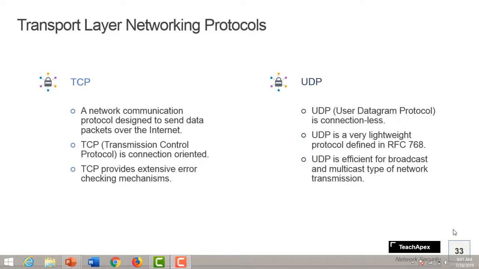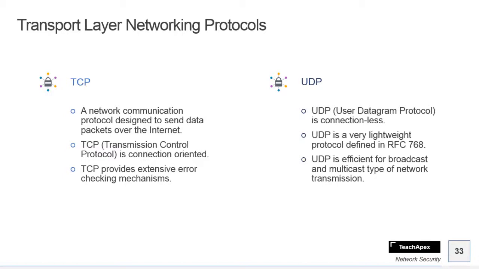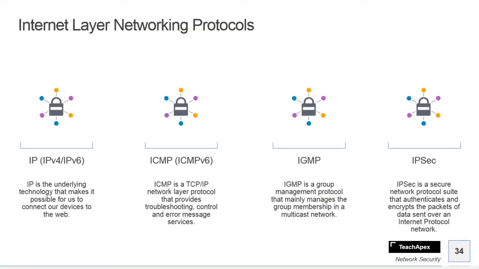Now let's talk about internet layer networking protocols. Here we will be discussing 4 protocols: IP, ICMP, IGMP, and IPsec. So IP is internet protocol. We have 2 versions of IP address, IPv4 and IPv6.